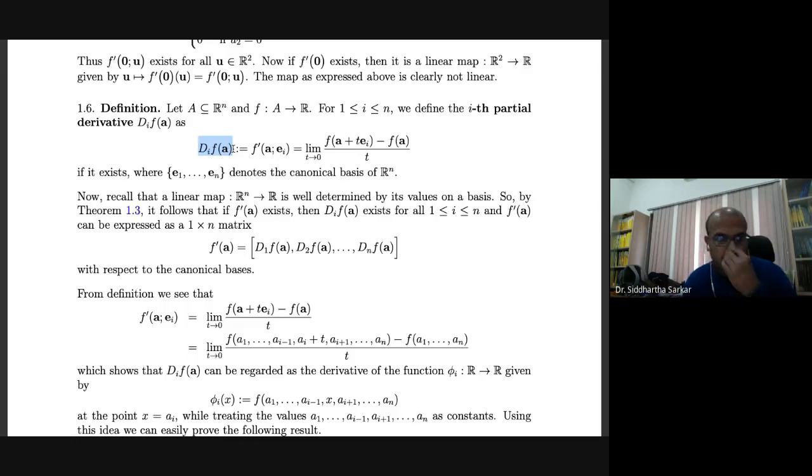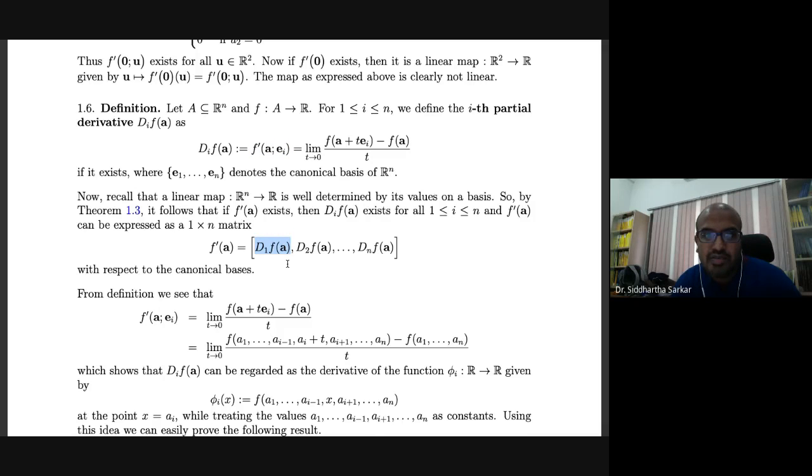Okay, so now if I assume that my derivative exists at a, then what you have seen earlier is that the directional derivative in the direction ei should be this quantity f prime a applied to ei, which is nothing but DiF(a).